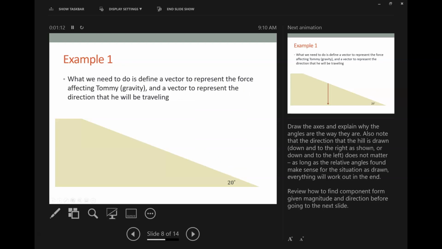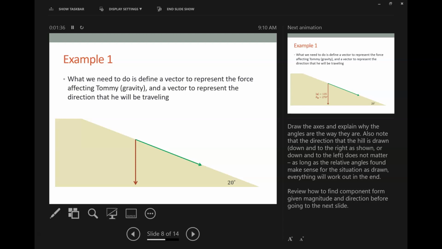All right, so our plan here is we need to define a vector to represent the force affecting Tommy, which is gravity, and then a vector to represent the direction that he will be traveling in. That's the hill. So this is the Tommy vector. That's the hill vector. Everybody okay with that?